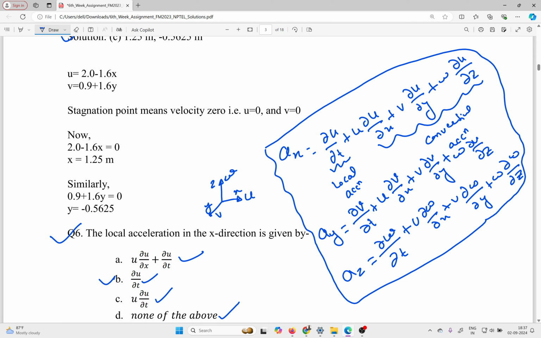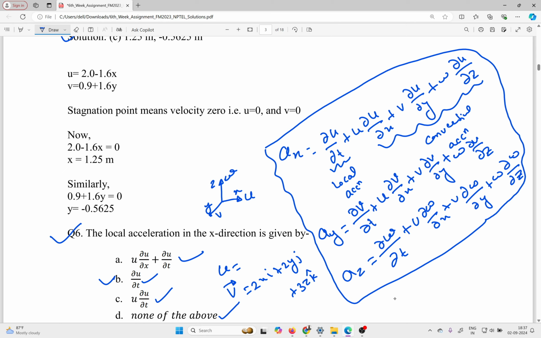In examination, the examiner may ask the value of local acceleration only. Maybe one function you might get: velocity vector is equal to 2xi plus 2yj plus 3zk.